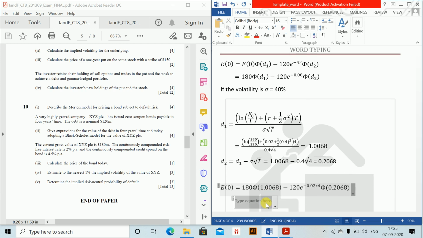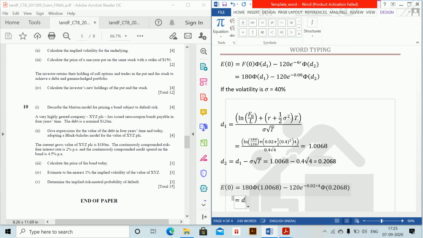Okay, so volatility: once you solve this it is equal to 87.28.